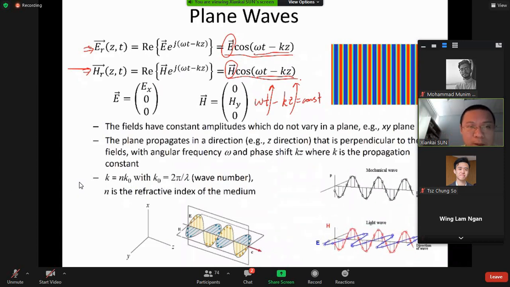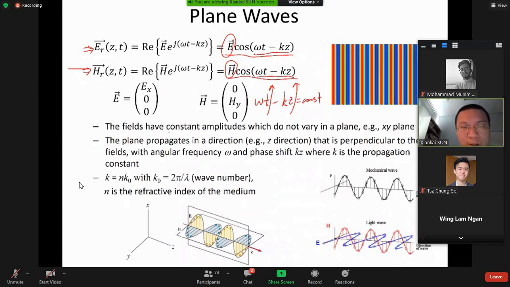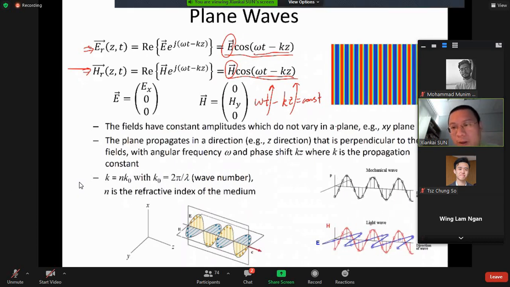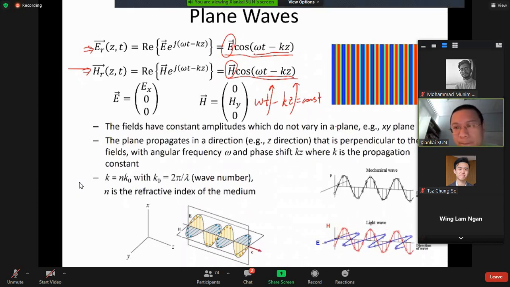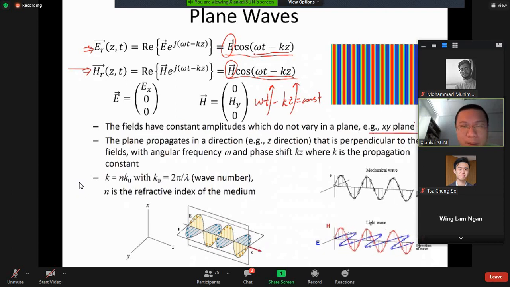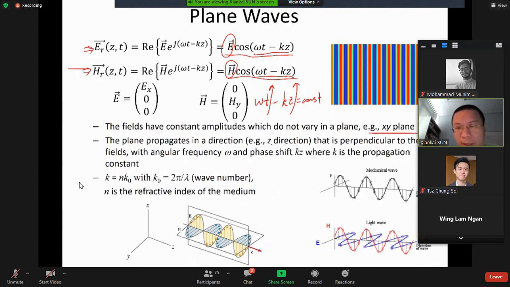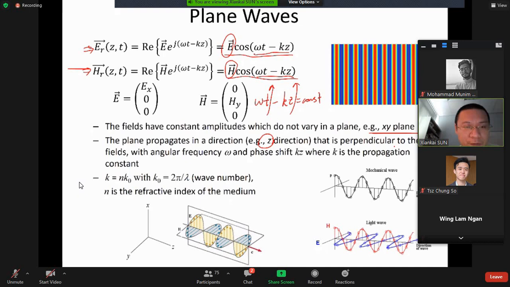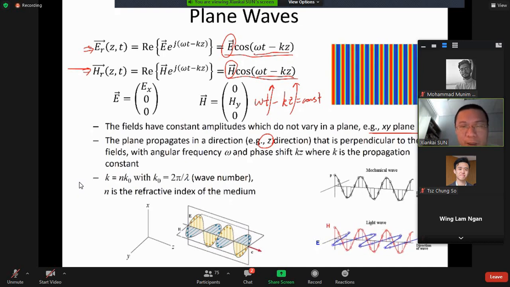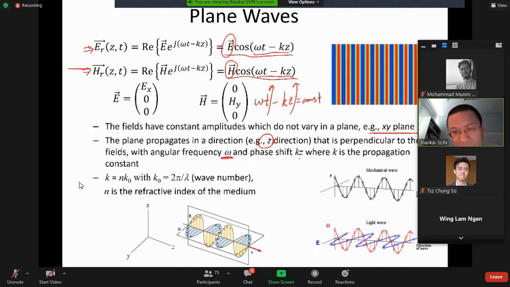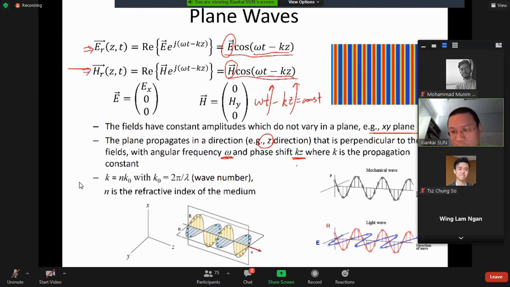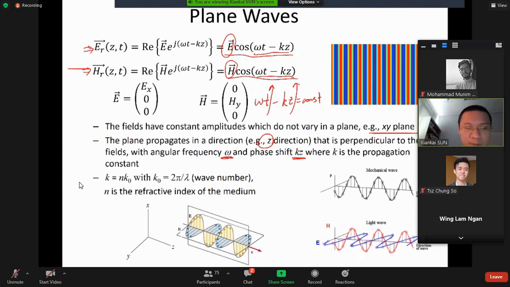Okay, so the fields have constant amplitudes, which do not vary in the plane, that's the xy plane. The wave propagates in a direction, for example the z direction, that is perpendicular to the fields, with angular frequency omega and phase shift kz. kz is called phase shift, while k is the propagation constant.